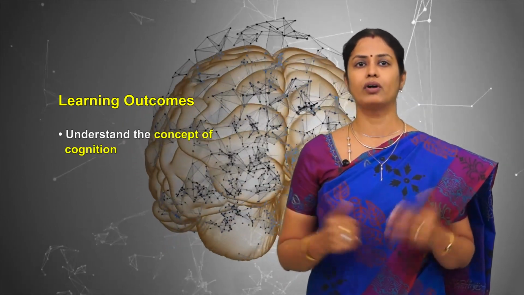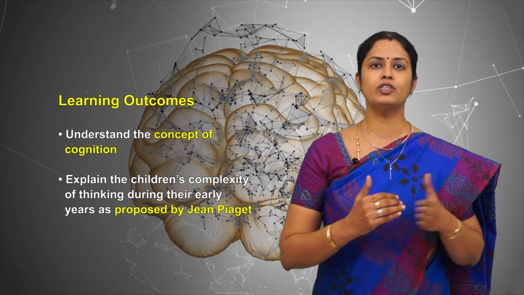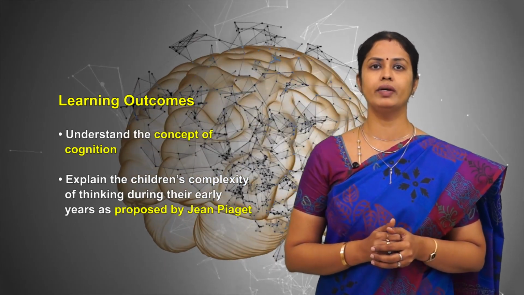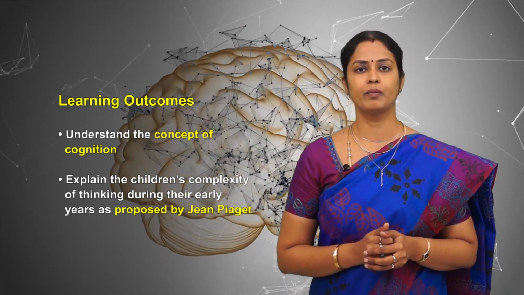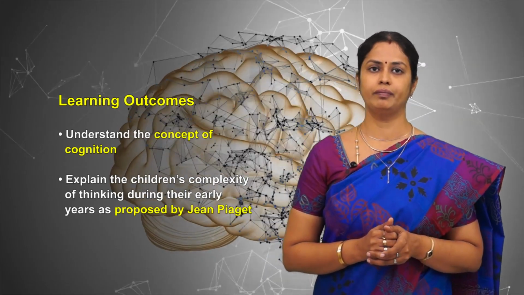At the end of this video, you will be able to understand the concept of cognition and explain the complexity of children's thinking during their early years as proposed by Jean Piaget.